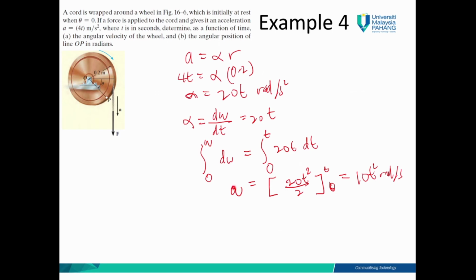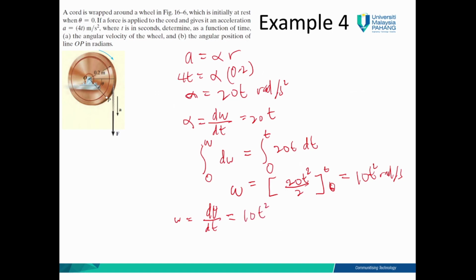Next, you need to find the angular position of this point P here. So from your angular velocity, how do you get the angular position? You integrate again. This time, you know your angular velocity is equal to d theta over dt, and it is equal to 10t to the power of 2.